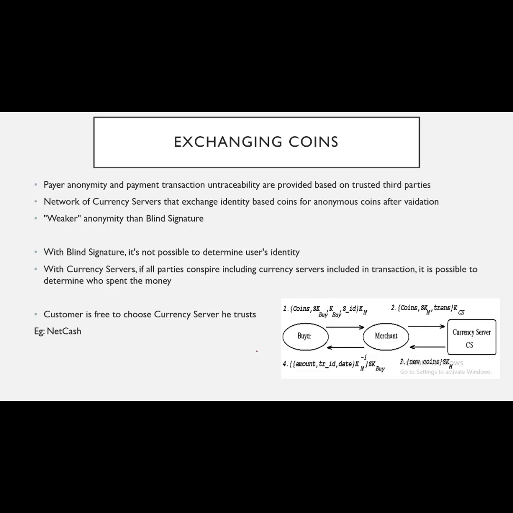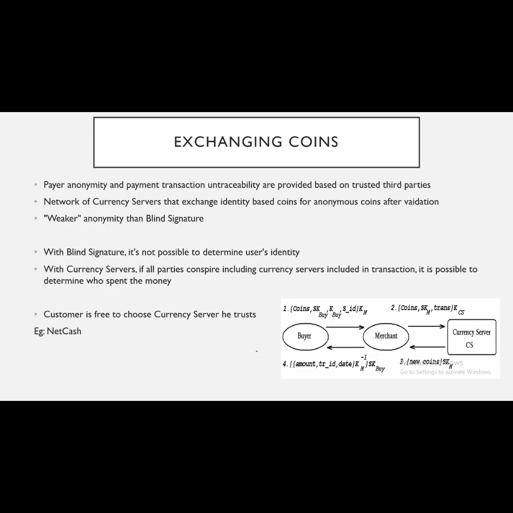So the user gives the currency server a coin which could be identified as his, and the currency server gives back a coin which is anonymous and nobody can trace it. However, it is weaker than the blind signature, because in blind signature even if all the parties conspire together, the user's identity cannot be revealed.